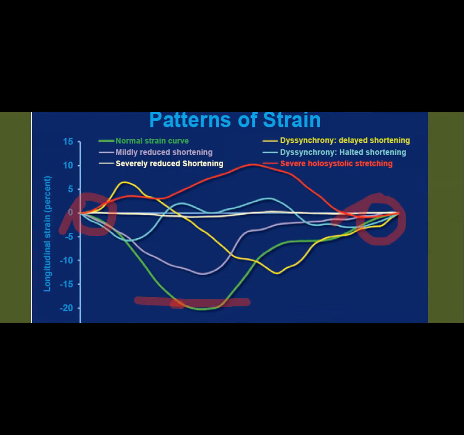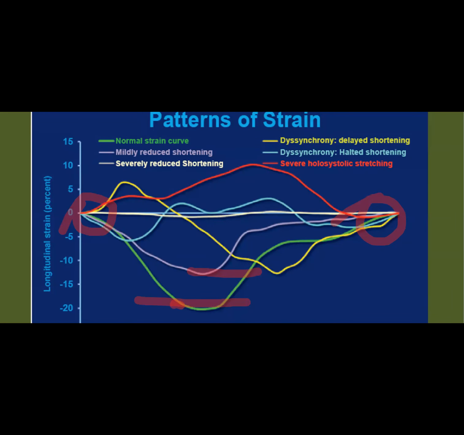See, the peak of contractility is so different between the segments. Some segments, like the red one, show a complete desynchrony, meaning what? Instead of contracting and shortening and going below the baseline, it's actually lengthening. So that's a great degree of desynchrony.